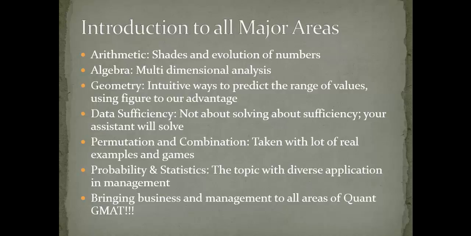There is a limitation to the type of questions you can make based on the constraints that you have to be in the dimension where you don't breach the syllabus. So algebra, arithmetic, geometry, data sufficiency lie in this dimension. Whereas in probability and combination, you could make it a little tricky, and in probability and counting you can make it a lot more difficult.